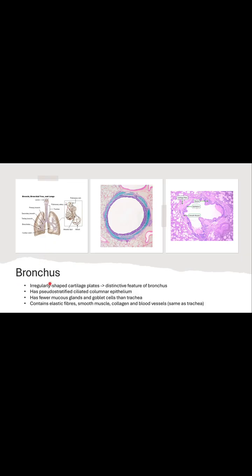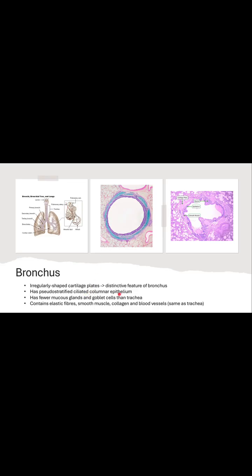Now, the bronchus is the singular version of bronchi, and it has pseudostratified ciliated columnar epithelium. Essentially, if you saw my last video, you would have seen that pseudostratified means that although it may look like the epithelial cells are staggered or in multiple layers, they are all in fact in one layer.